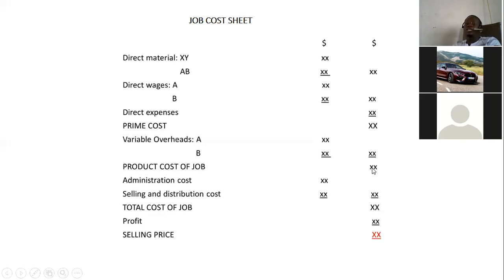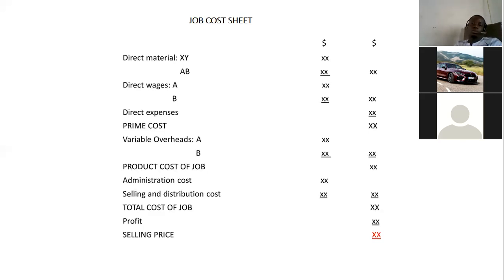There is a name for that figure, and that is the production cost or the product cost. Then you agree with me that it does not end there, because there are other costs in the organization that are being incurred.